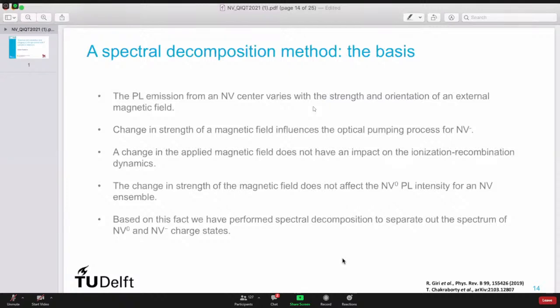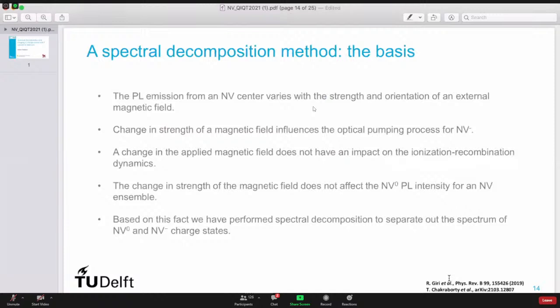But for an NV ensemble, when the strength of the magnetic field increases, the ionization process and also the recombination process change. But at steady state, due to the ionization-recombination dynamics, there is a stable population of NV0 and NV minus, and that doesn't change with the strength of the magnetic field. This is already shown in this PRB paper. So the NV0 and NV minus population is not changing with field.